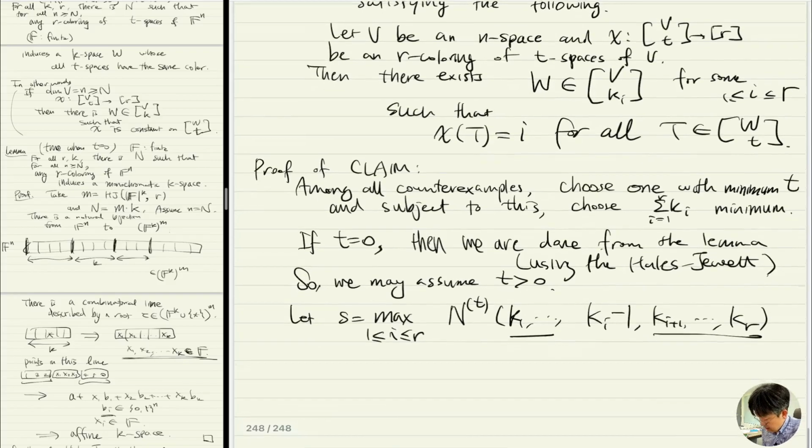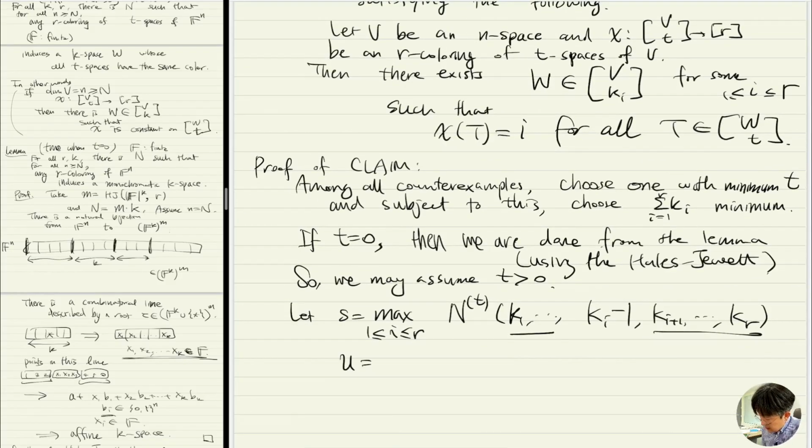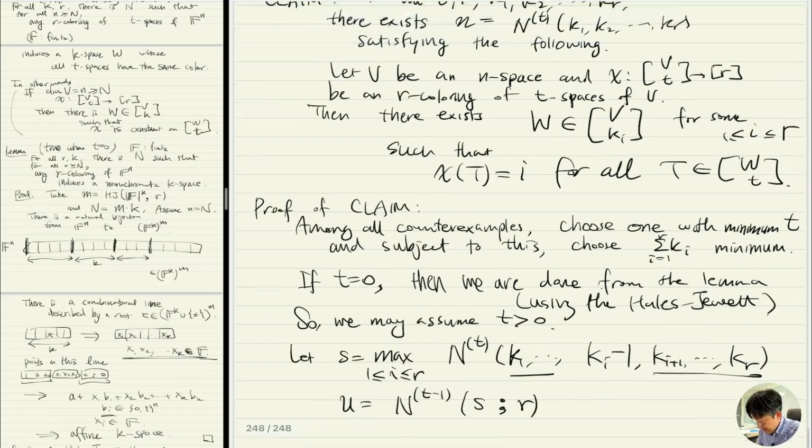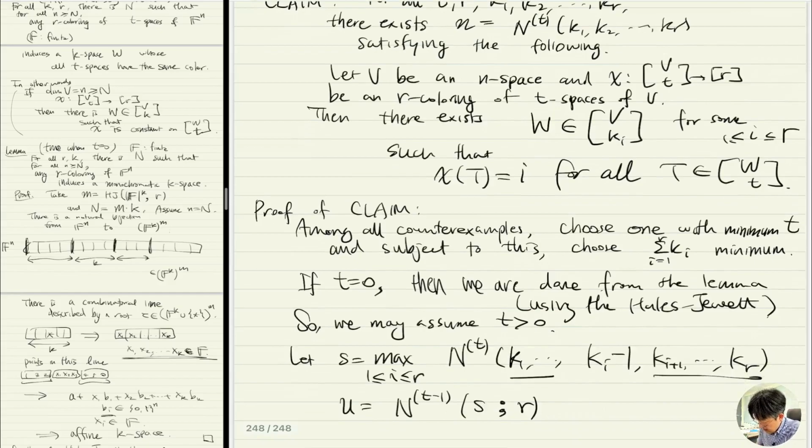So that's S, and U is n(T-1, S, S, ..., S).